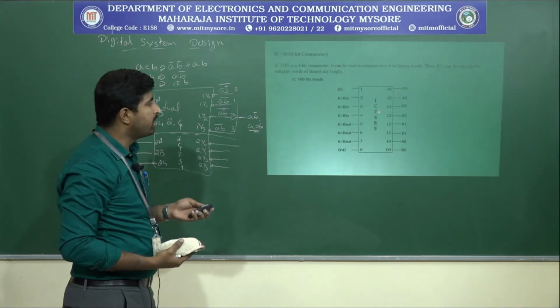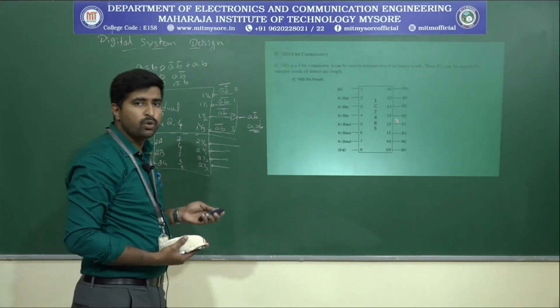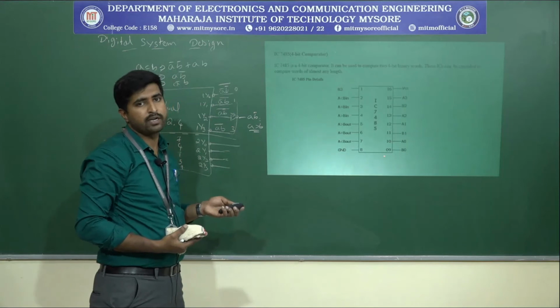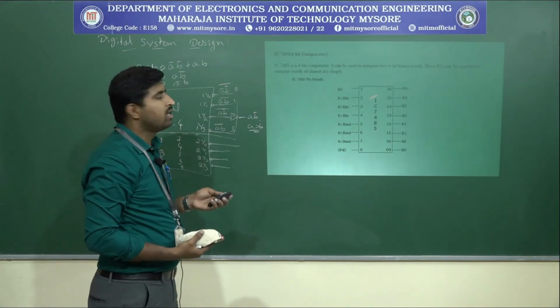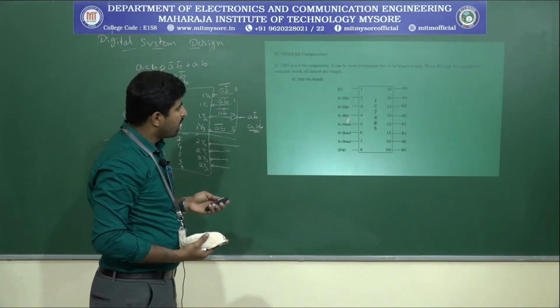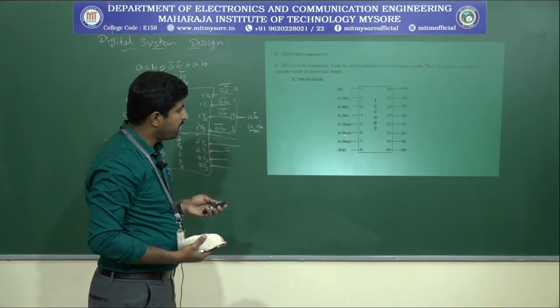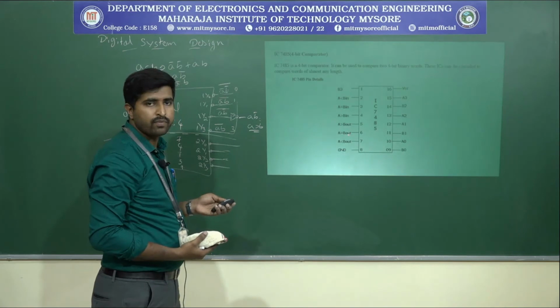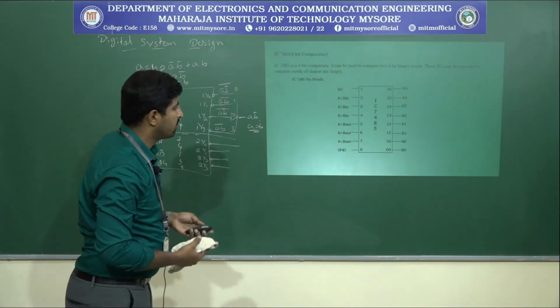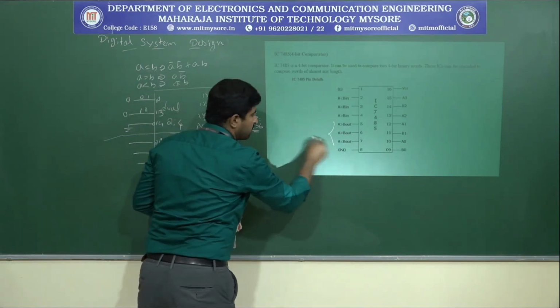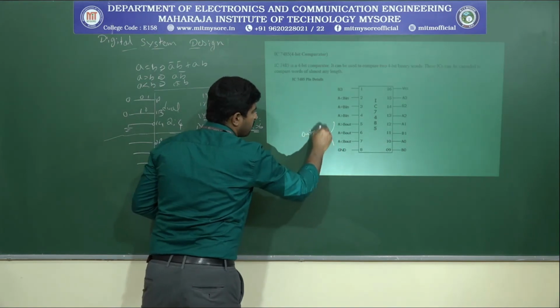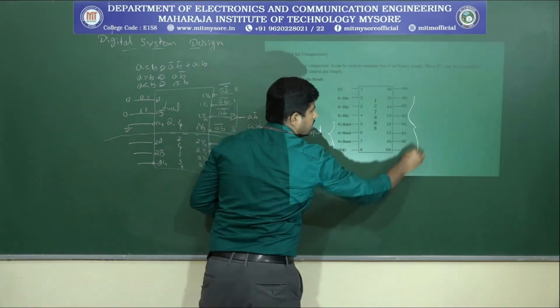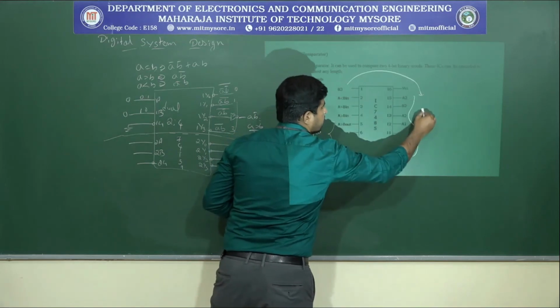There are 2 inputs, each 4-bit. And we are going to have 3 outputs: A equals B, A less than B, and A greater than B. So these are the outputs. And these, including this term, are inputs.